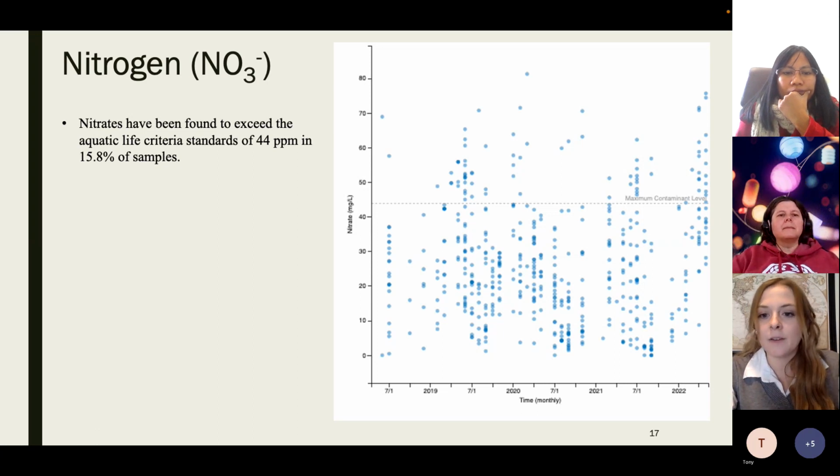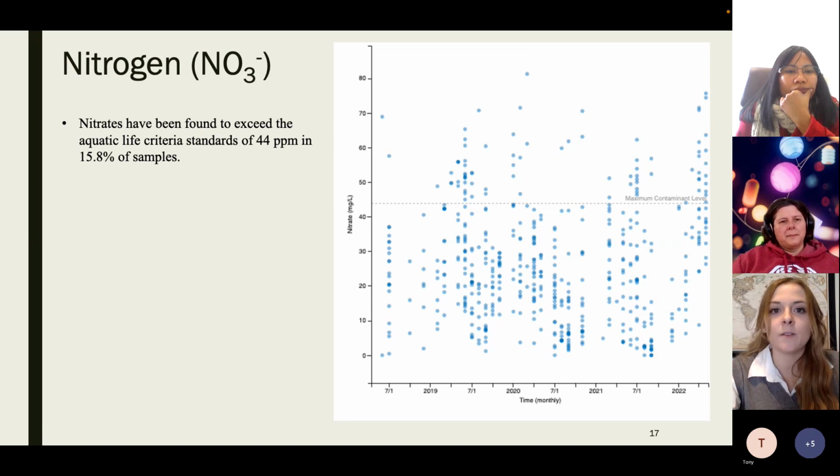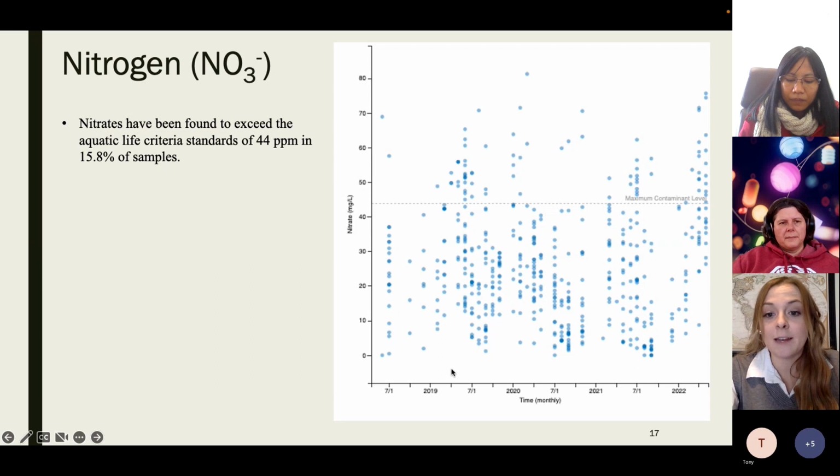Rather than using a calendar year to represent time, we're using a water year to capture the water that enters our watershed in the winter months, because it doesn't leave until that preceding calendar year. So the x-axis for these, we're looking at July, October, January, and March.